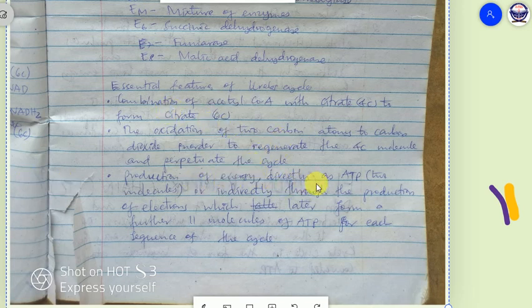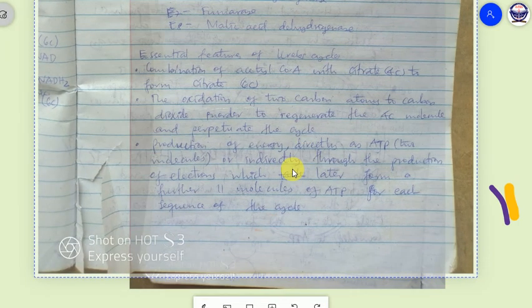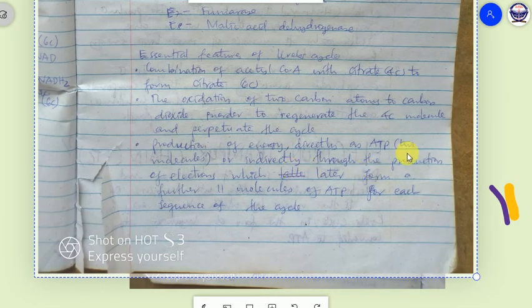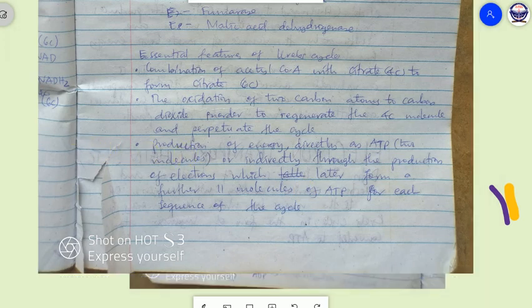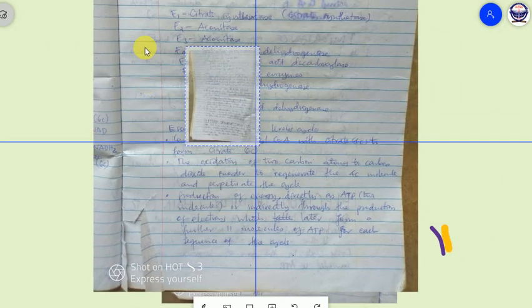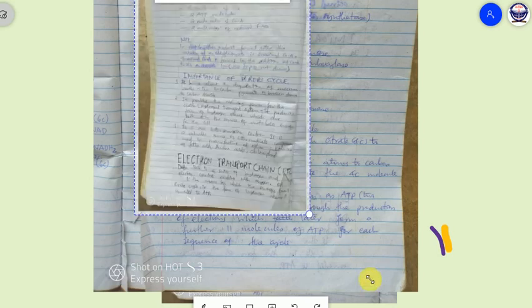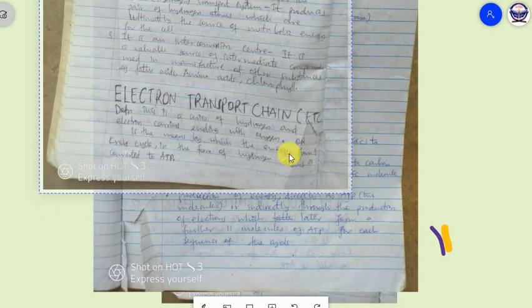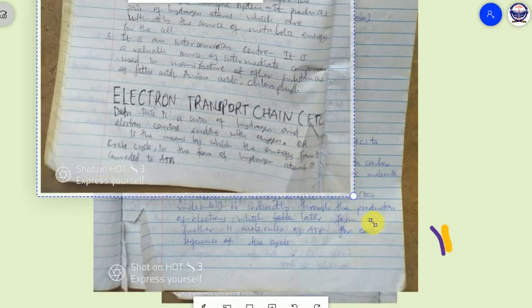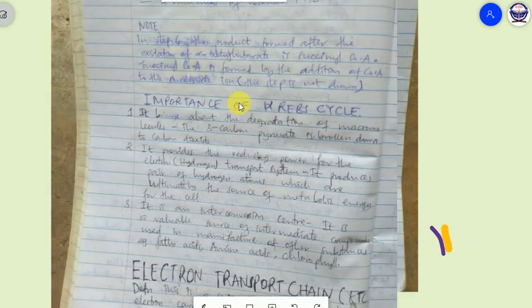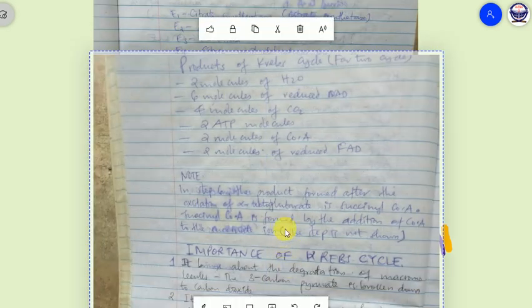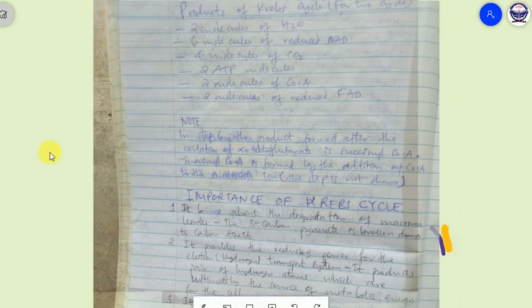Tatu ni production of energy directly as ATP, 2 molecules, and indirectly through production of electrons, which lead to further 2 molecules of ATP for each sequence of the cycle. Hizo ni baadhi tu ya essential features of Krebs cycle.